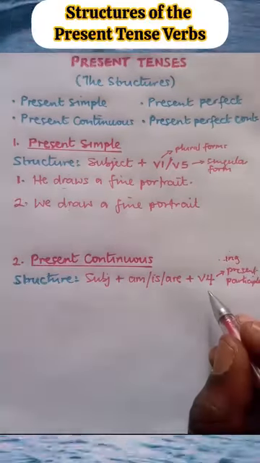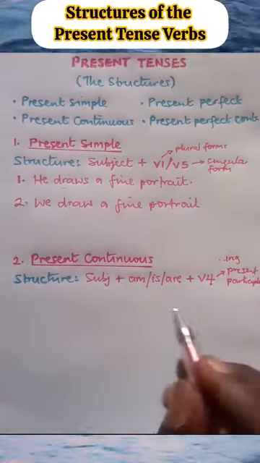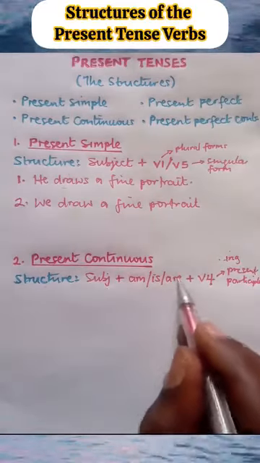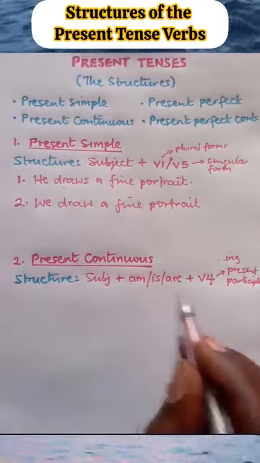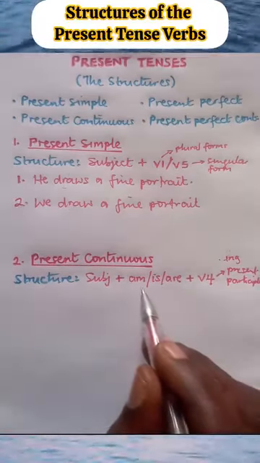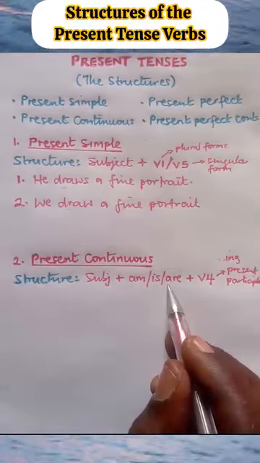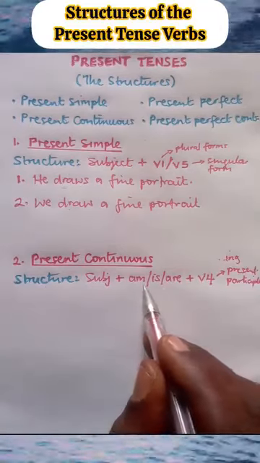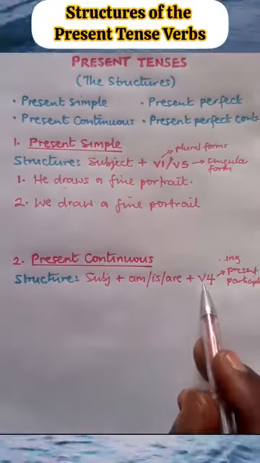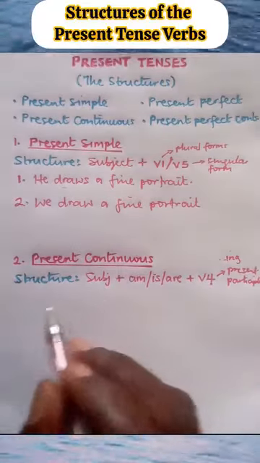They are verb 4. And so we have the subject plus any of these 3 plus present participle verb. Now you will notice that these 3 are present tense verbs. They represent present and a V4 which represent continuous or progressiveness.